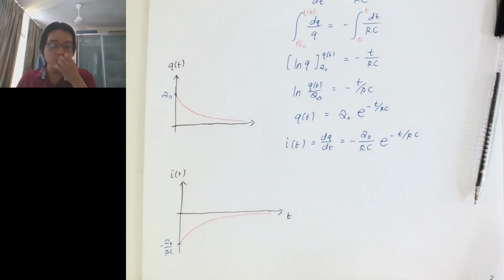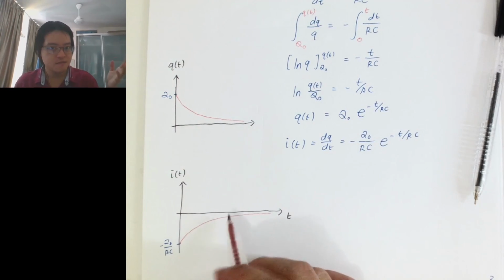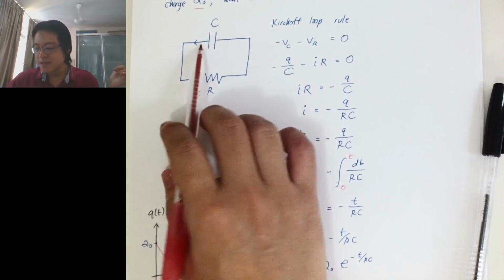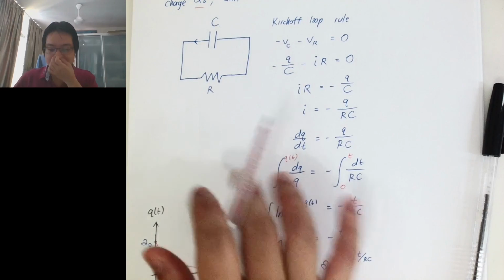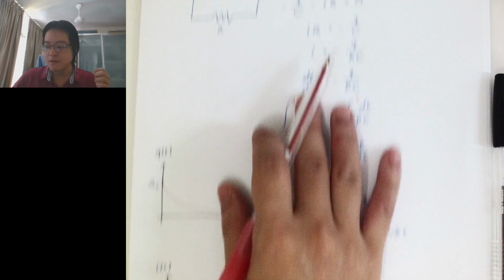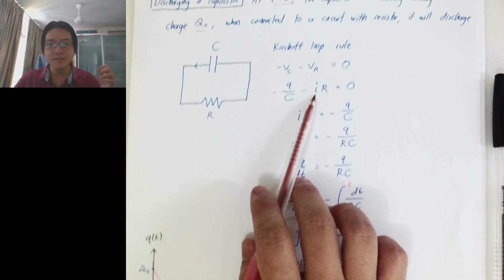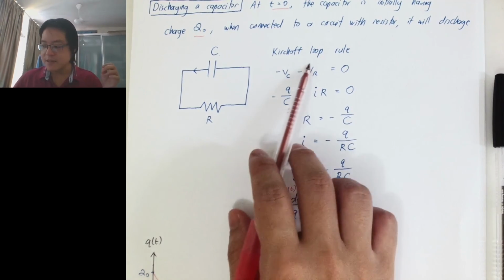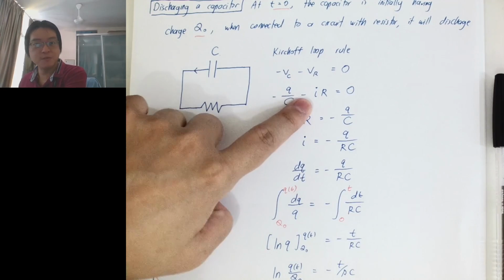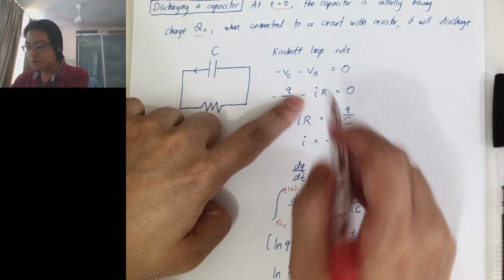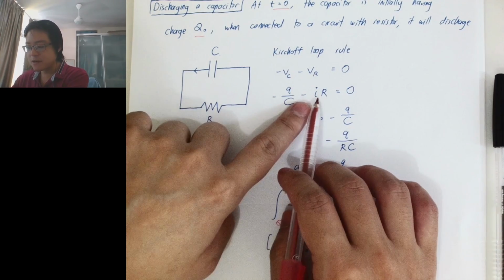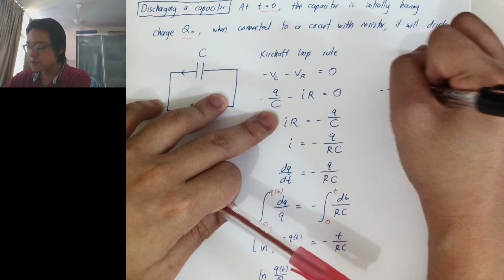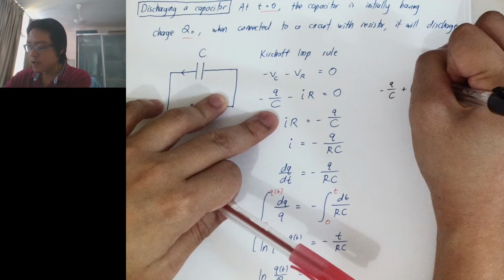Remember what we talked about when we get a negative current, right? When we get a negative current, the direction that we guessed is wrong. But this picture is symmetrical, so it doesn't really matter what the direction of the current is anyway, right? So the sign of the current that we assumed was wrong. What is actually happening here is Q over C plus IR equals 0.